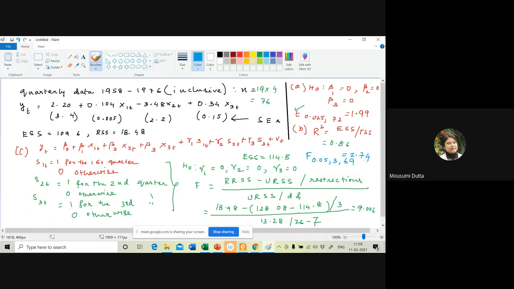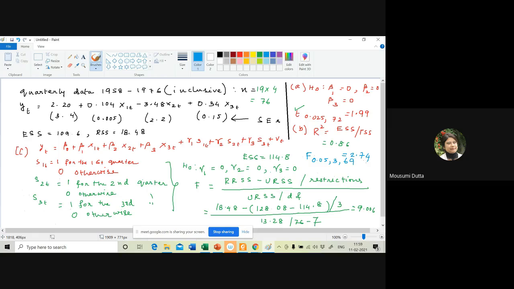Part 4, D. Two further regressions based on the original specification. Ma'am, please repeat. Two further regressions based on the original specification.